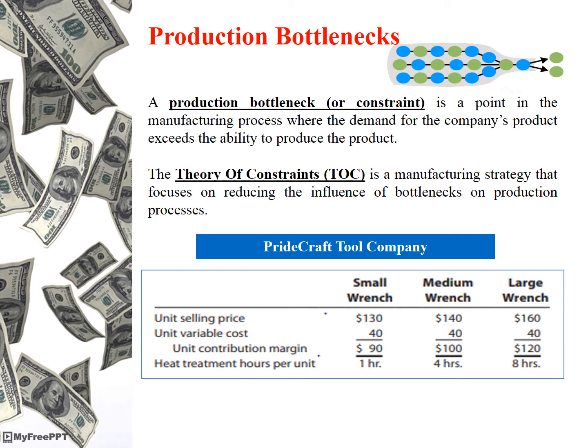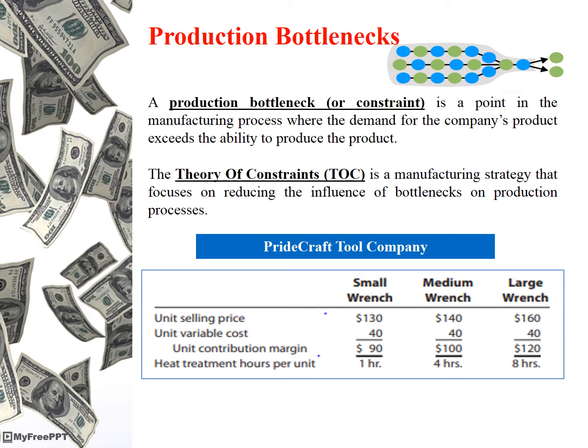The product unit contribution margin and the number of hours of heat treatment used by each type of wrench are as follows: unit selling price, unit variable cost, total unit contribution margin, and heat treatment hours per unit, according to each column.